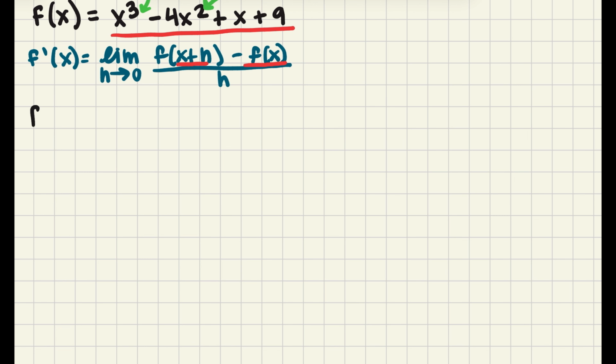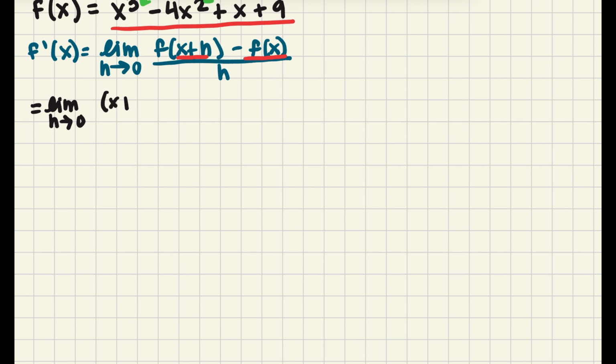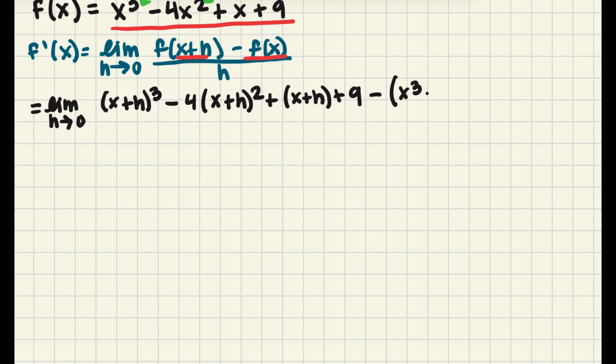So we will have the limit as h approaches 0, and we're going to have x plus h cubed minus 4 times x plus h squared plus x plus h plus 9 minus f of x, which is our original function, so x cubed minus 4x squared plus x plus 9.